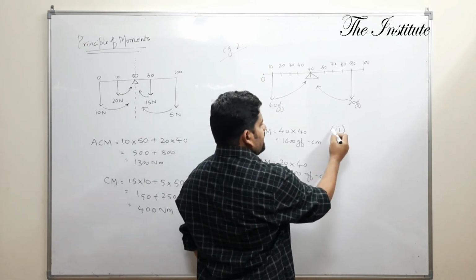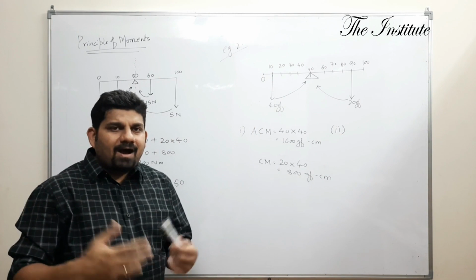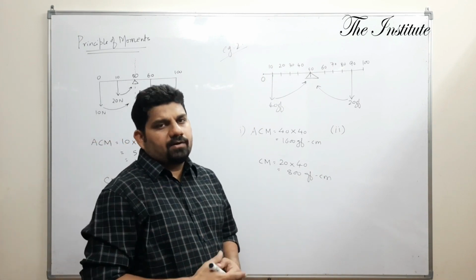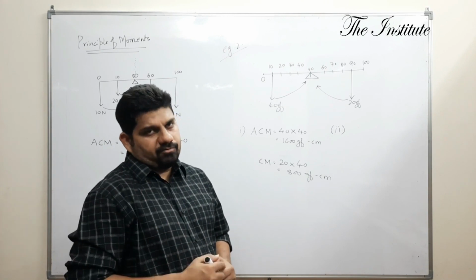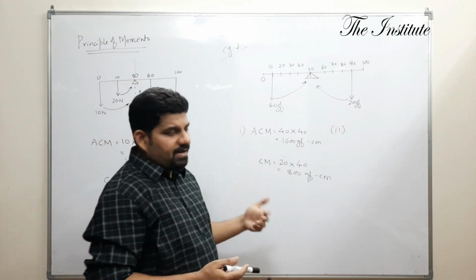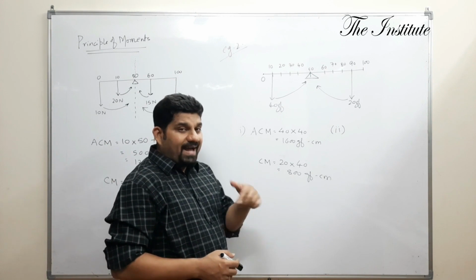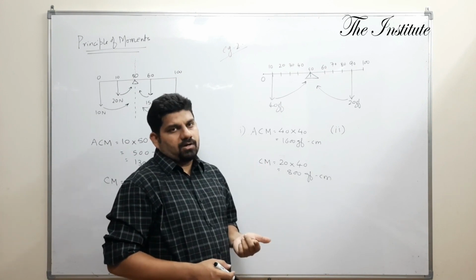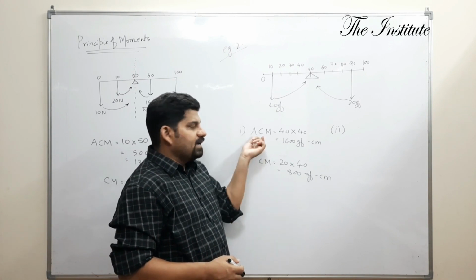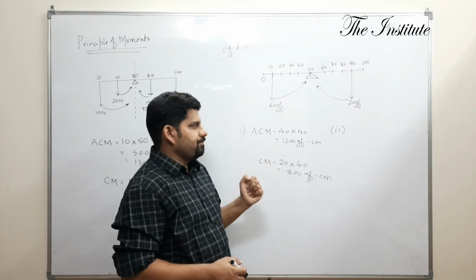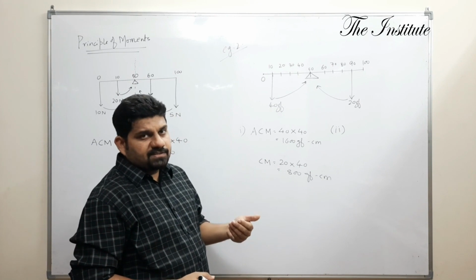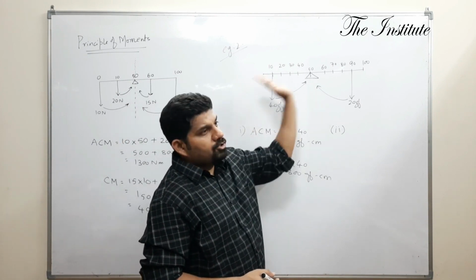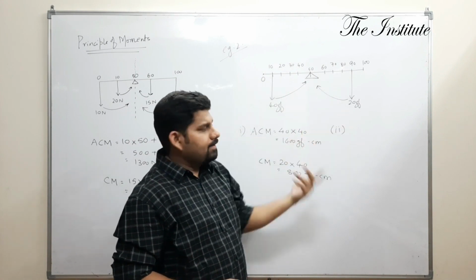The second part says, how can we balance this by placing an additional weight of 40 gram force. Now from the working, it's very clear that with that 40 gram force, you want a clockwise torque because anti-clockwise is already greater. So for clockwise torque, we need to put that 40 gram force somewhere towards the right side, right?